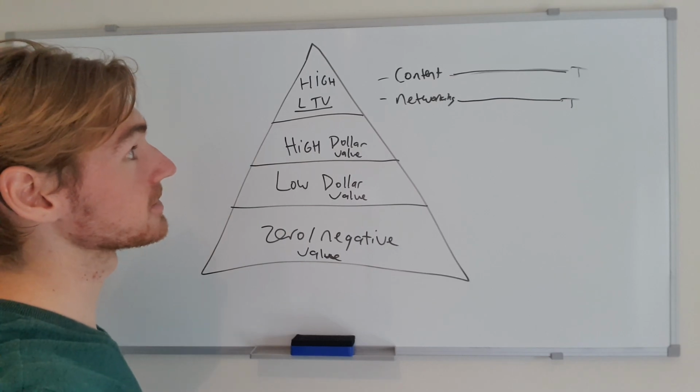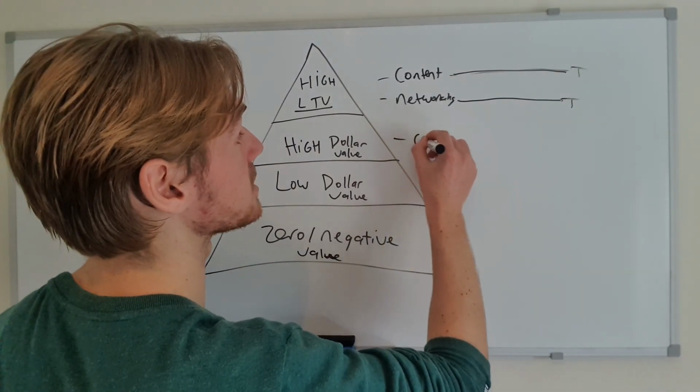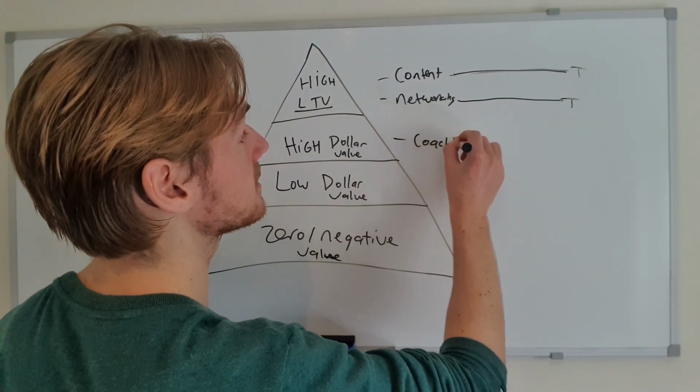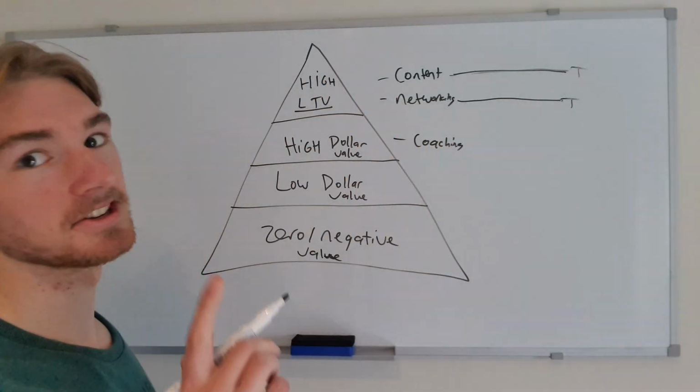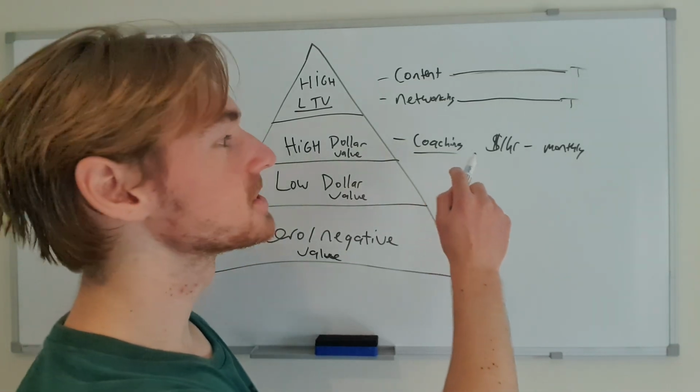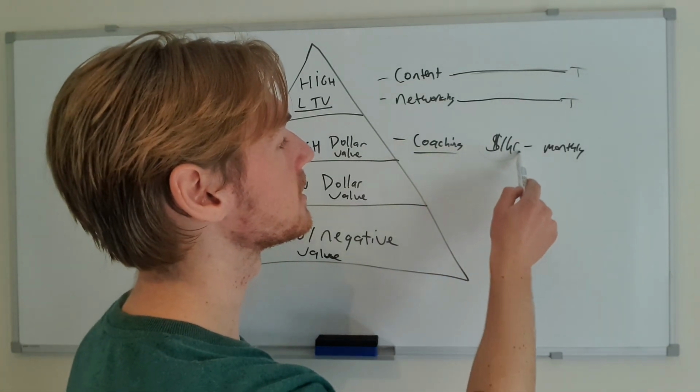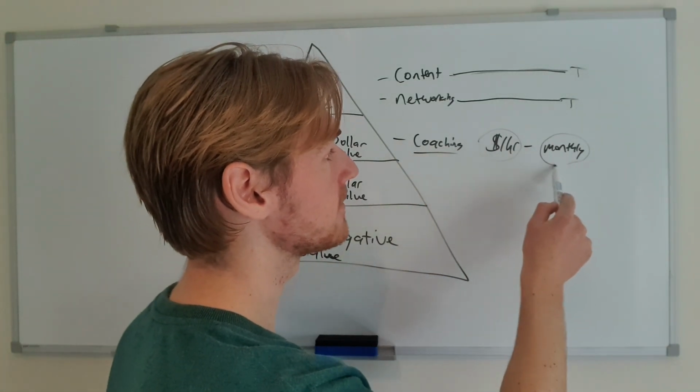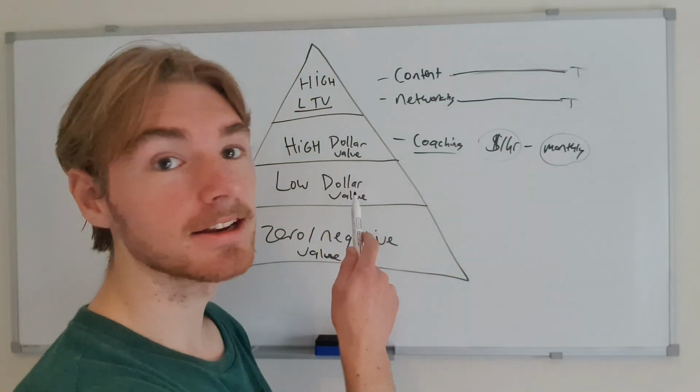High dollar value task could be something like coaching, because this is not going to be worth much over time unless you apply a network effect, but that's a topic for another video. Yeah, because coaching is usually something that's worth a lot per hour or is worth a lot on a monthly basis. So these are things which are high dollar value.